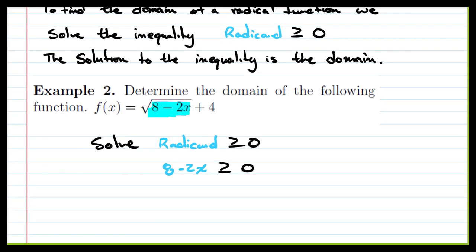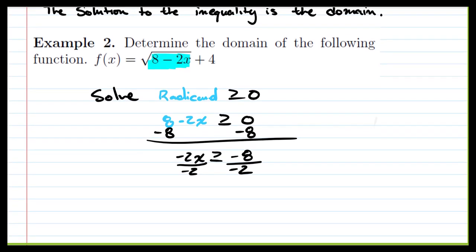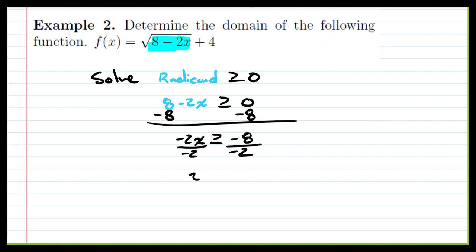So now to solve this inequality, we minus 8, we minus 8. We get negative 2x is greater than or equal to negative 8. We divide by negative 2, and we get x, and we have to reverse our inequality symbol because we divided by a negative. So it becomes x is less than or equal to positive 4.